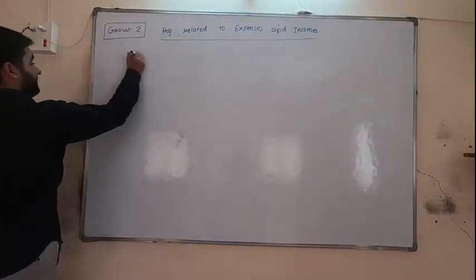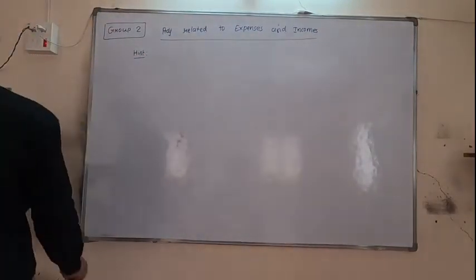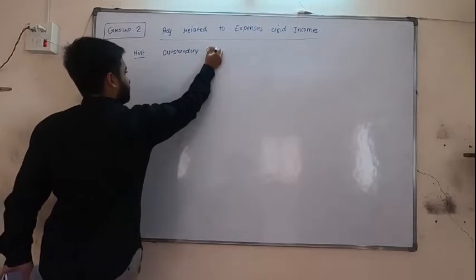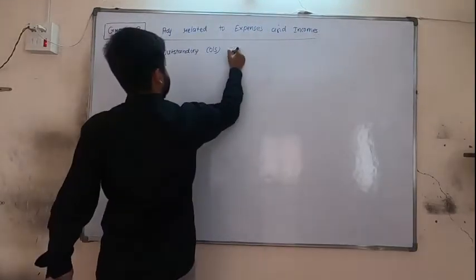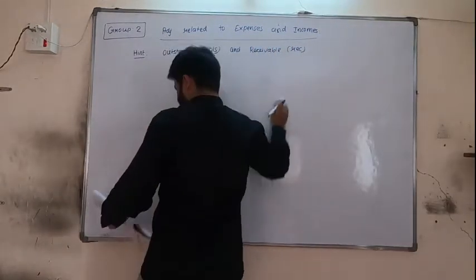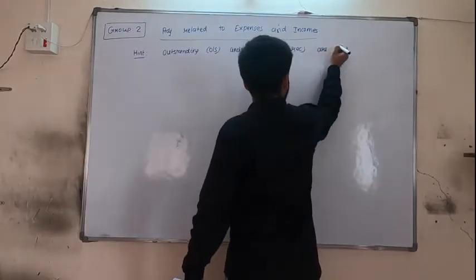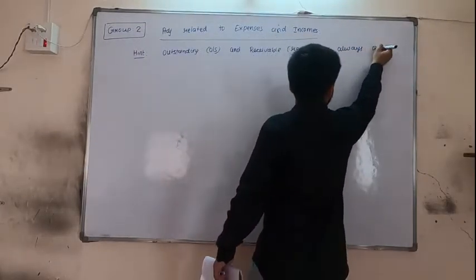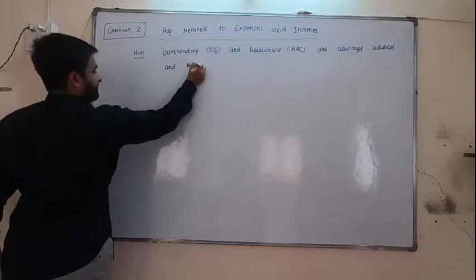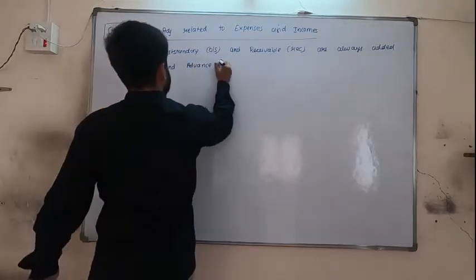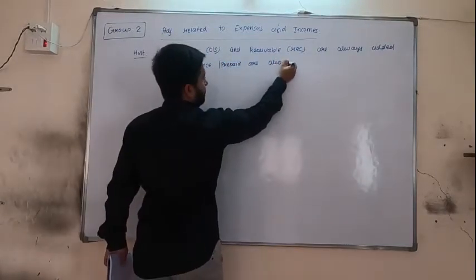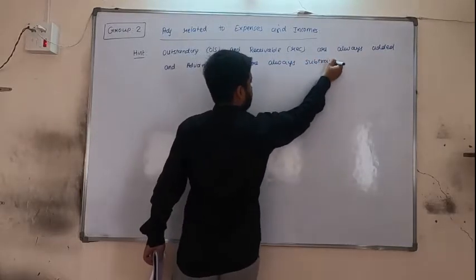For that, what things do we have? Outstanding, known as OS, and receivable, known as REC, are always added, and advance or prepaid are always subtracted.